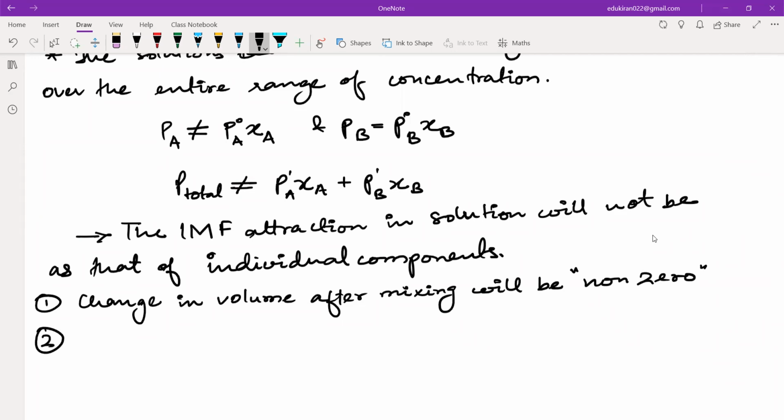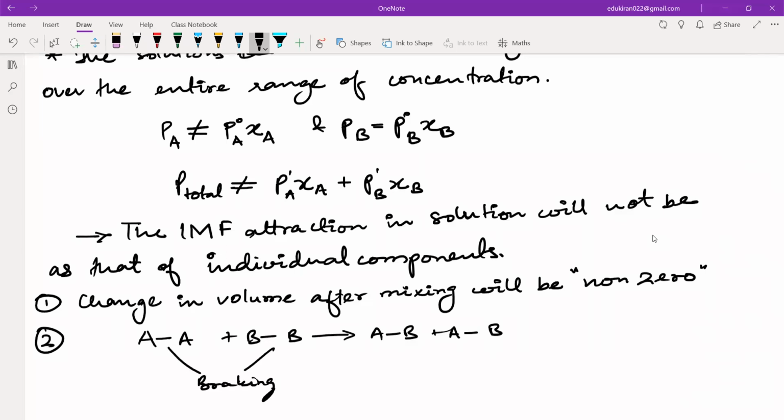Second is about the enthalpy of solution and the heat change. So again, we have AA plus BB, and it is giving you AB and AB. Let us say that in the solution we are forming things, and the attraction is lower here.